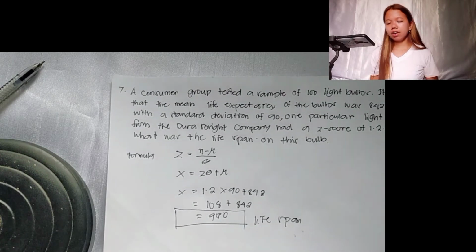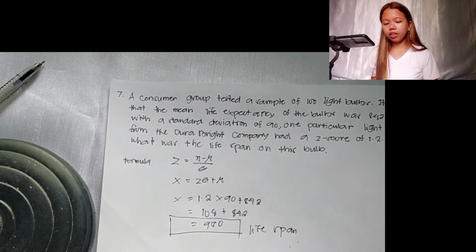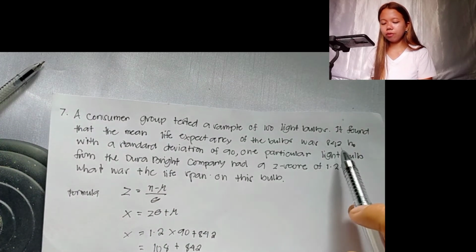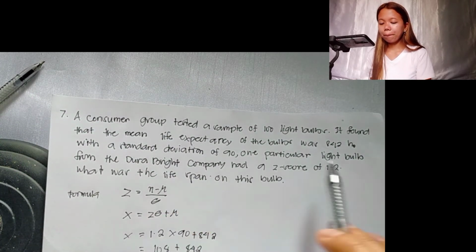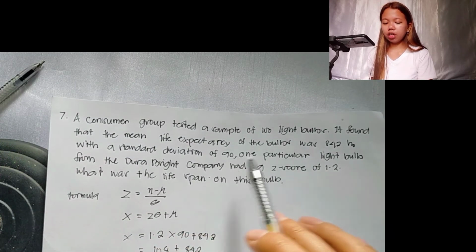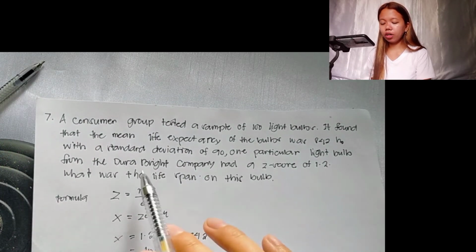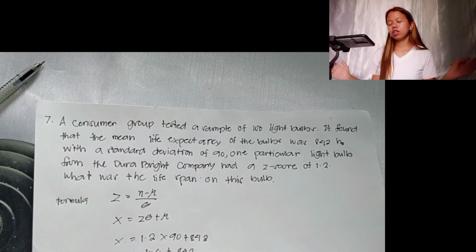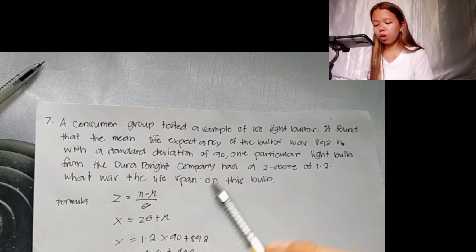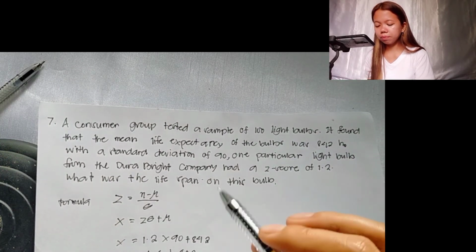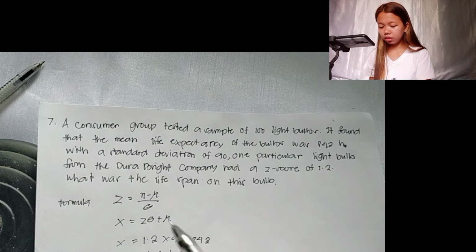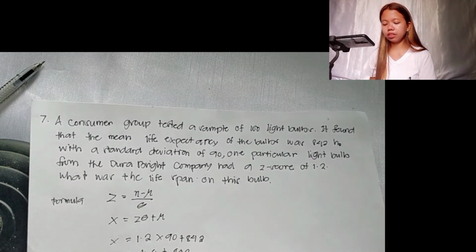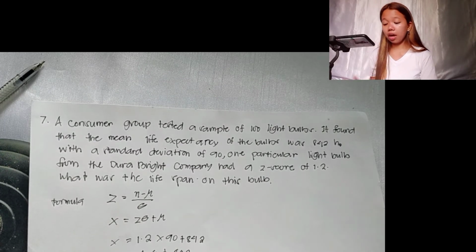Problem number 7. A consumer group tested a sample of 100 light bulbs. It found that the mean life expectancy of the bulbs was 842 hours with a standard deviation of 90. One particular light bulb from the Dura Bright company had a z-score of 1.2. What was the lifespan of this bulb? So the formula is z is equal to the number minus mean over standard deviation. To get the lifespan, let's represent it x, let's rearrange the formula.